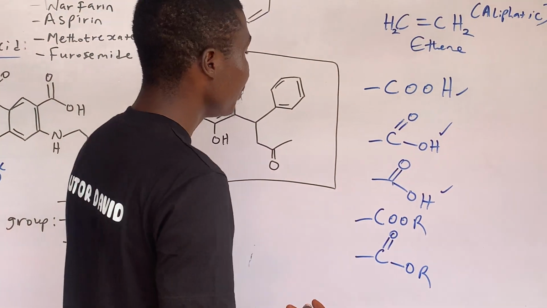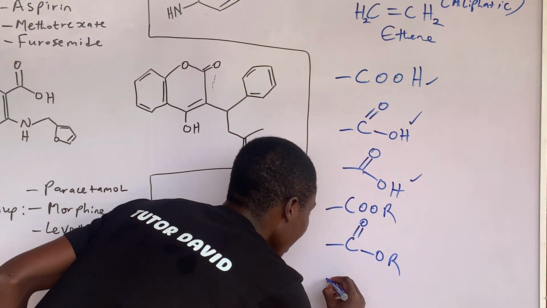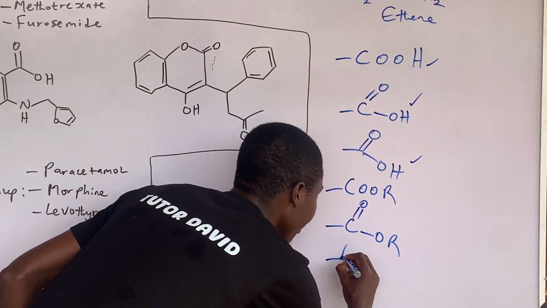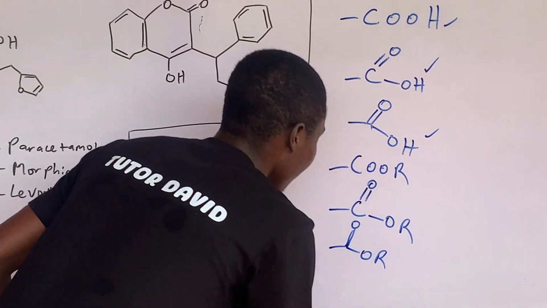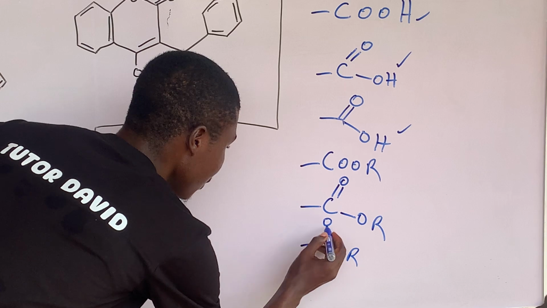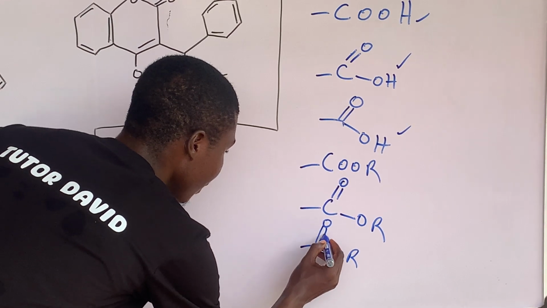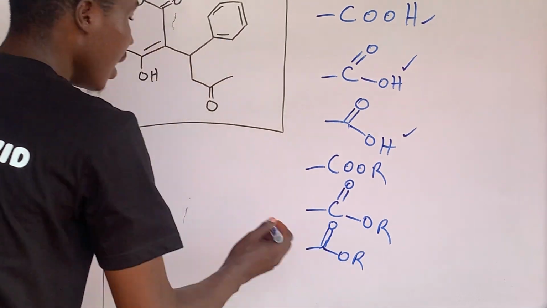So it's this double bond to oxygen, single bond to O, and then you have R.